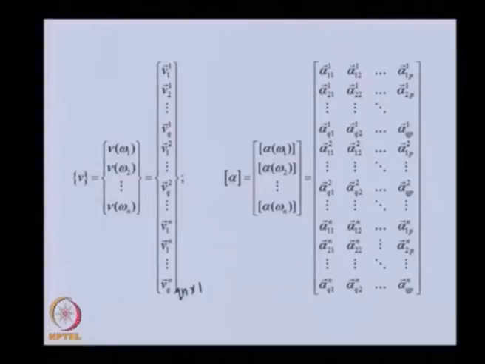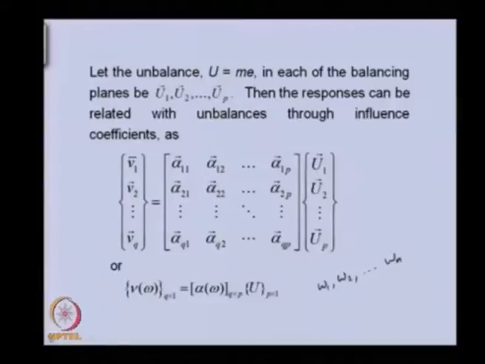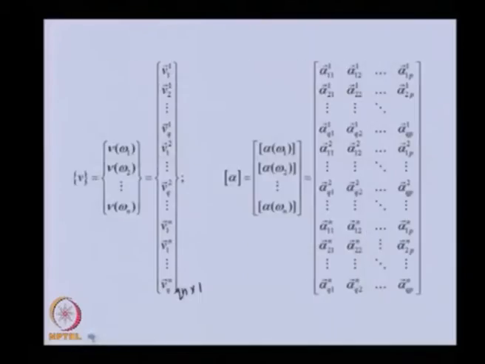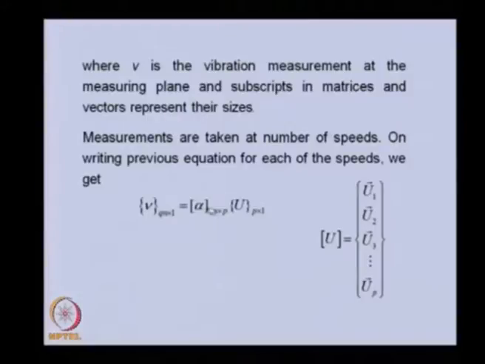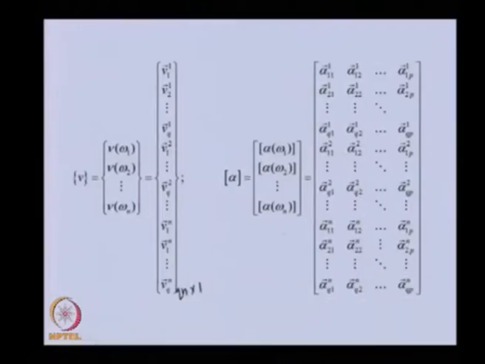Similarly, for the influence coefficient, because now they are changing with speed, earlier the size of the influence coefficient was Q into P. So every one is Q into P. You can see that now the size will be Q into n into P. That means Q n times into P, because there are n such influence coefficients. So the number of rows will be n times that of one influence coefficient. Here we have written it in the expanded form.